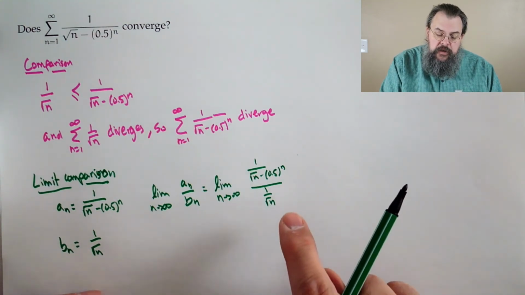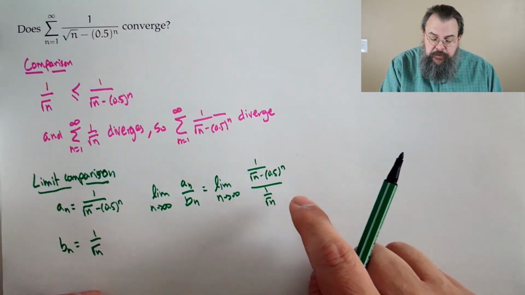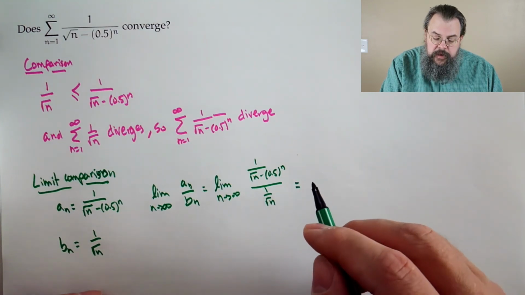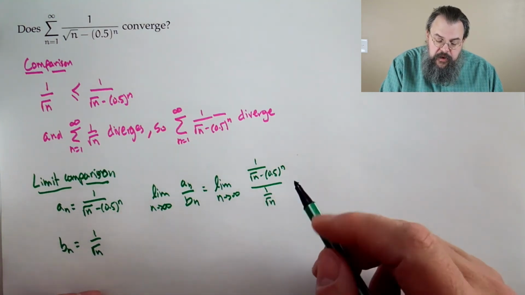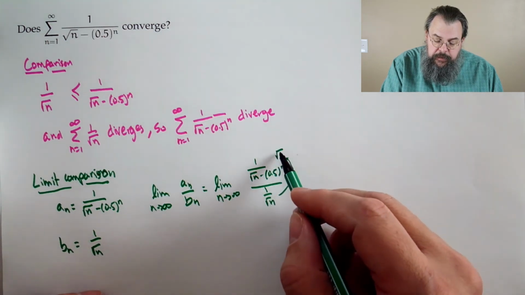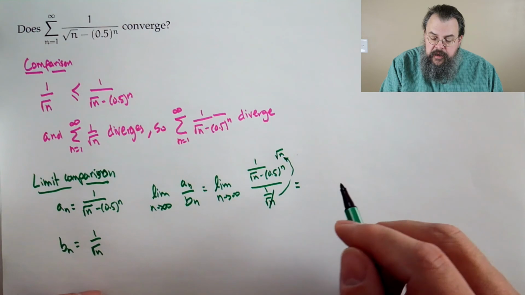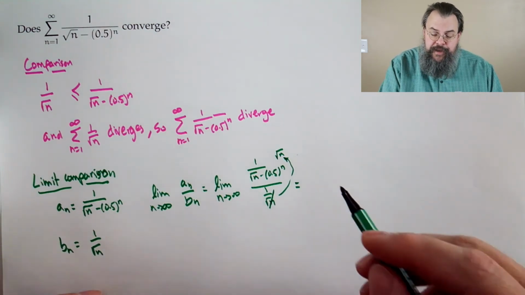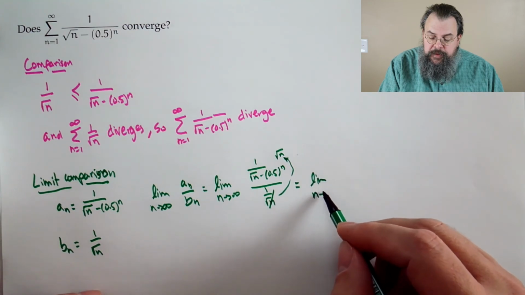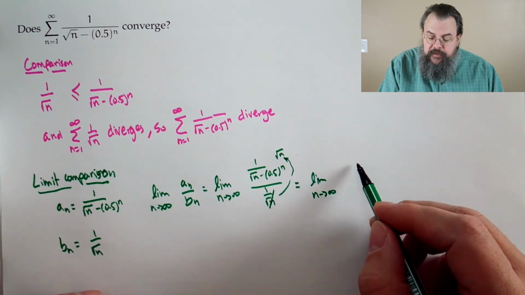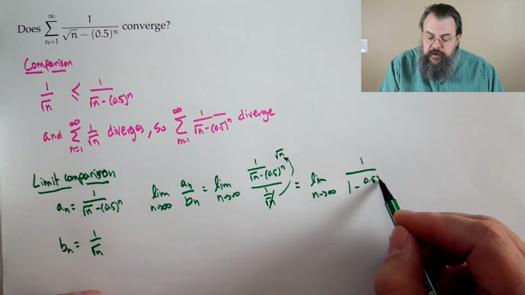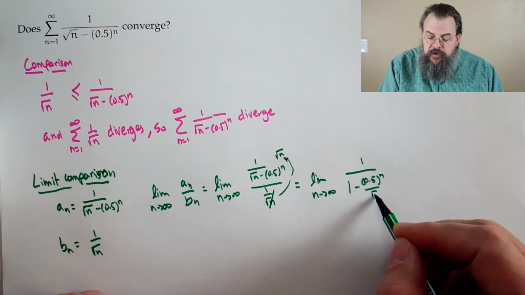One thing we can do is move this 1 over root n up, so it becomes a root n up here. And then we can imagine multiplying top and bottom by 1 over root n. If you do that, it becomes the limit as n goes to infinity of 1 over 1 minus 0.5 to the n over root n.